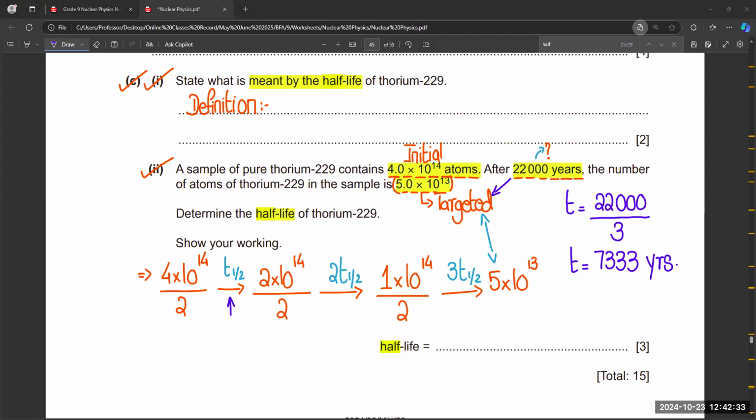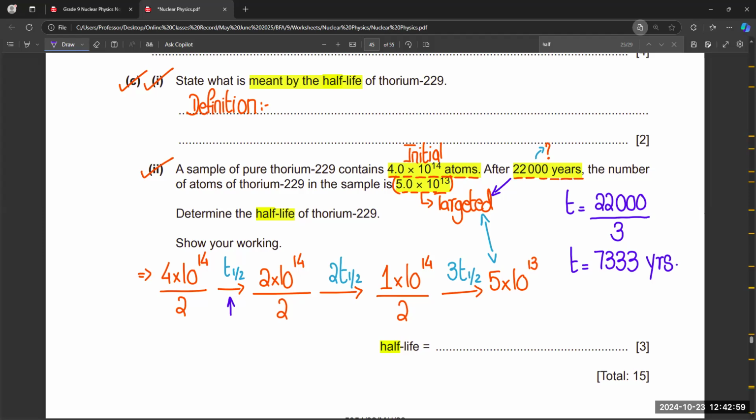Sorry, your voice disappeared in between, so I couldn't hear anything. Okay, basically in our question, the time duration is 22,000 years, right? And we divided by 3 because we perform 3 half-lives.